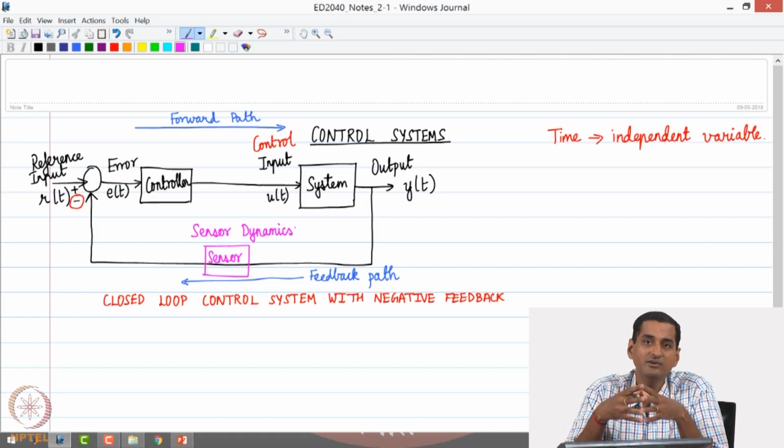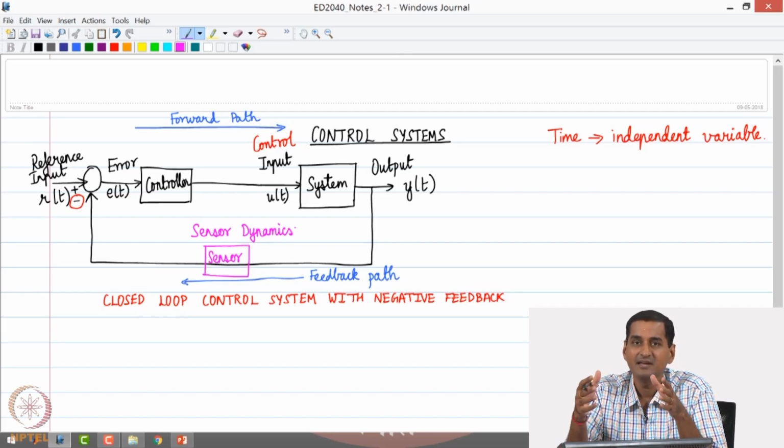Now, the question that we need to ask ourselves when we design this closed loop control system is: what is the time scale of the sensor's response with regards to the time scale of the system's response? For example, if my system responds in a matter of seconds, and I have a sensor which can provide accurate measurements in a matter of milliseconds, then I may not need to really worry about the sensor dynamics.